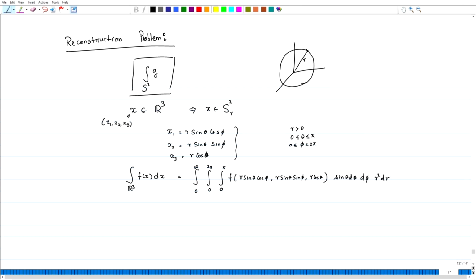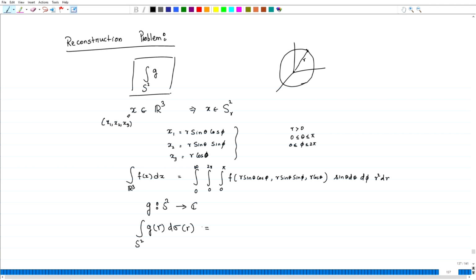Now if I have a function g from S^2 to C, we define the integral over S^2 of g(gamma) d sigma(gamma).